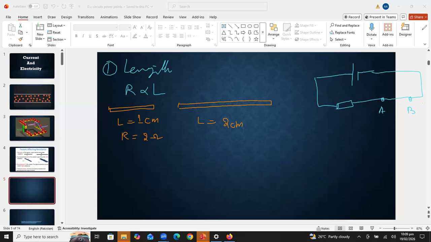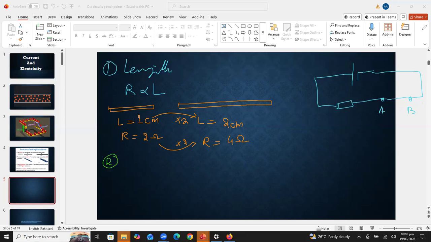The length has been increased 2 times, so the resistance will also increase 2 times. So resistance will become 4 ohms. Because resistance and length are directly proportional, if the length is doubled, resistance will be doubled. If length is halved, resistance will be halved. Are you understanding this, students?